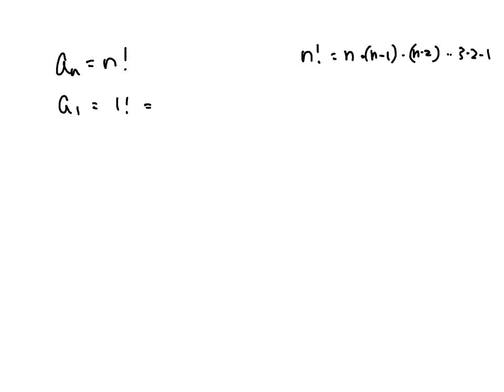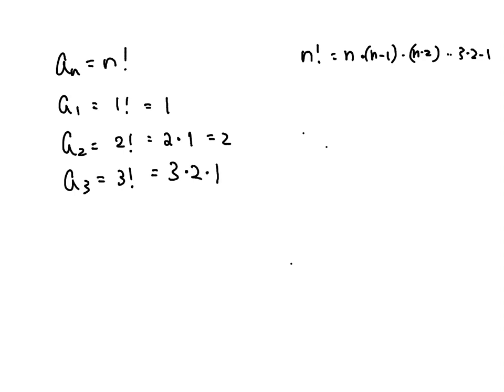For example, a sub 1 is 1 factorial, which just means 1 by itself. A sub 2 is 2 factorial, which means 2 times the number that's one down until you hit 1, so that's 2. A sub 3 is 3 factorial: starting at 3, you multiply by the next whole number down until we reach 1.